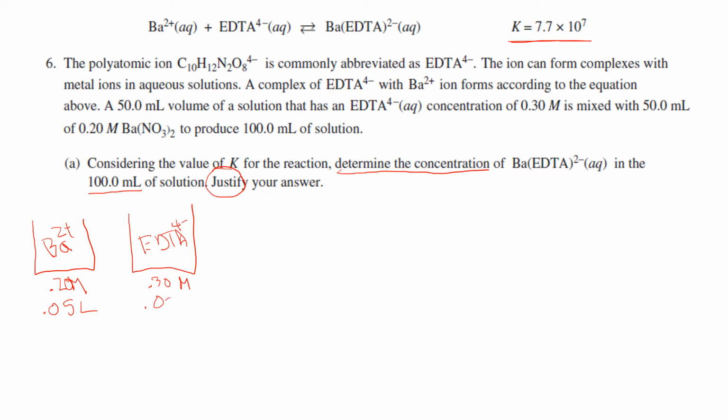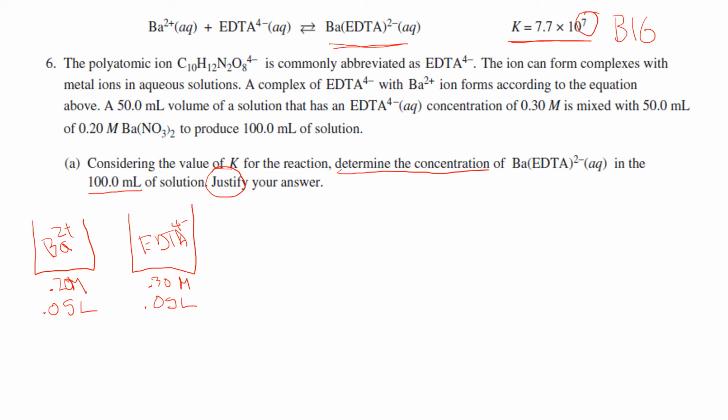I've got the same volume of that solution. If you look at this K value and the exponent, that is a really big value, which means it's going to go mostly to completion. There's going to be very little of our reactants left.